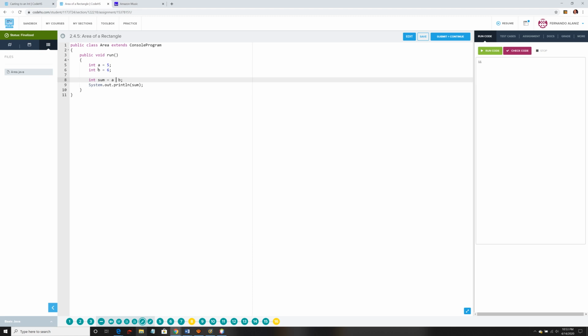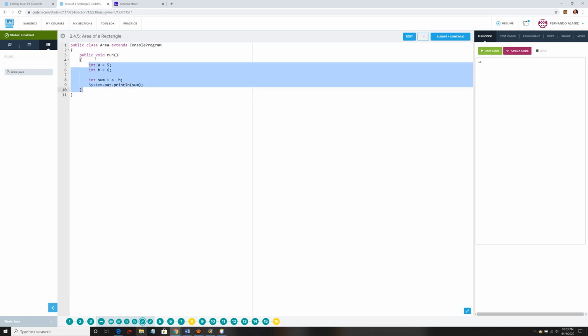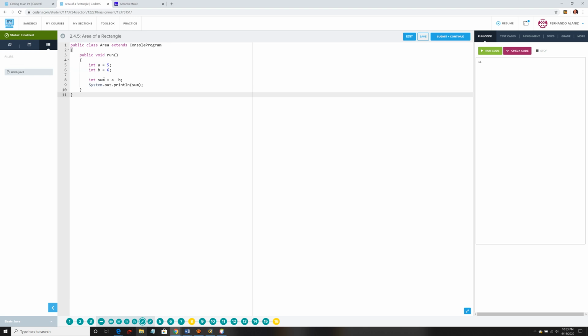However, the question is they want to know the area of a rectangle. So with this information that I put here, how would you get that information? If I'm saying that I want to know the area of this rectangle, you can do anything. You can do the circumference or the different sides of a square or whatever.